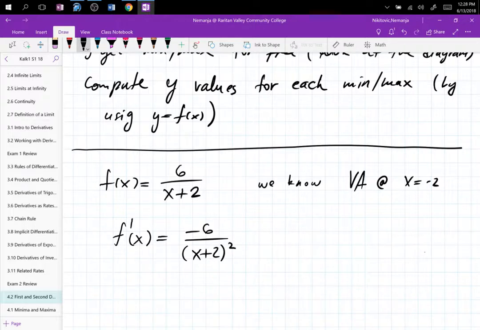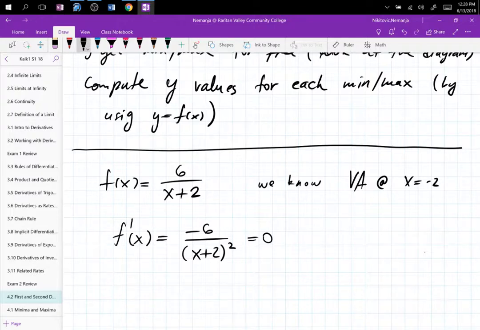You can use the chain rule, or the quotient rule, but the chain rule would be better. You just take x plus 2 up with a negative 1 exponent and plow through that.